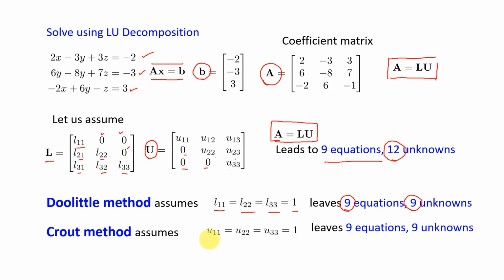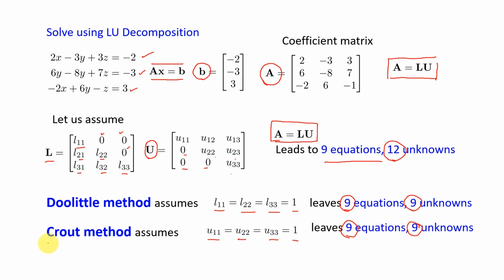Similarly, we can assume the diagonal elements of the upper triangular matrix to be 1. That will also give us 9 equations and 9 unknowns.